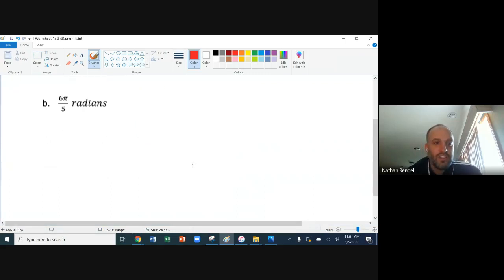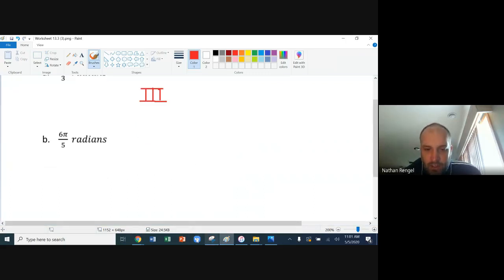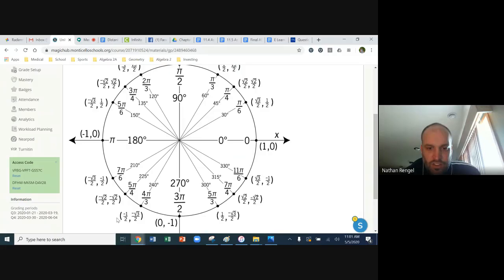We head into the next one, 6 pi over 5. If you look at your unit circle, there is no 6 pi over 5 anywhere. So 6 pi over 5, where is it? Well, this is 6 pi over 4, which if you think about fractions, is going to be bigger than 6 pi over 5, because when you split a pizza into 4 pieces, the pieces are going to be bigger than if you split it into 5 pieces.